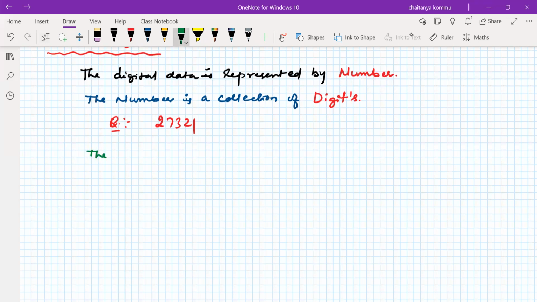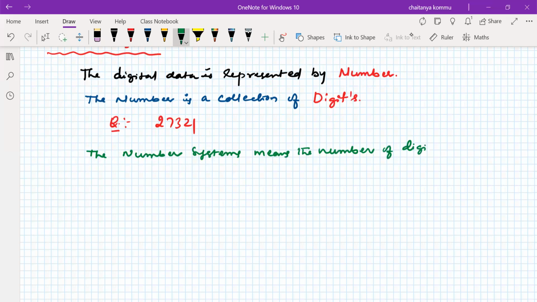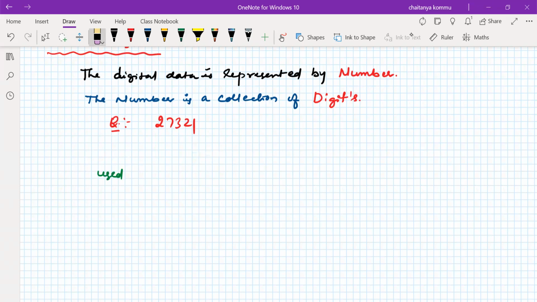The number system means the number of digits used, or I can say the general word where I will write it.